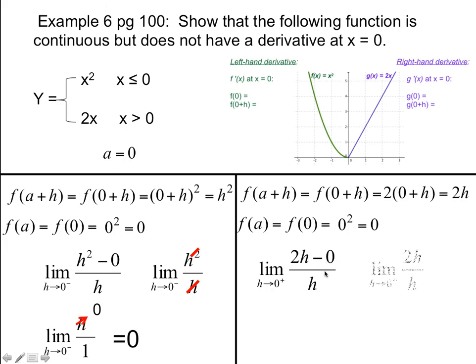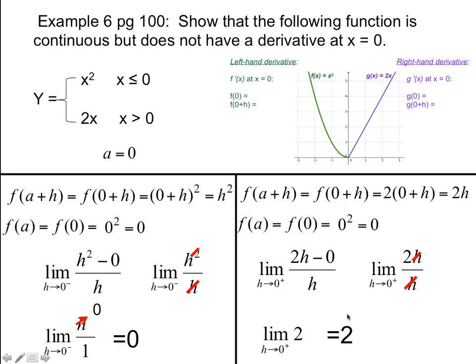So our first hurdle is that the 0 goes away, our constant goes away. Our second hurdle is that we have h's that cancel. And so we have a limit on the blue line, we have a limit that equals 2, which means our slope equals 2. And when I say slope, you can now start thinking derivative. So our derivative is 2. So if we were on the green parabola, our derivative at that point would be 0.